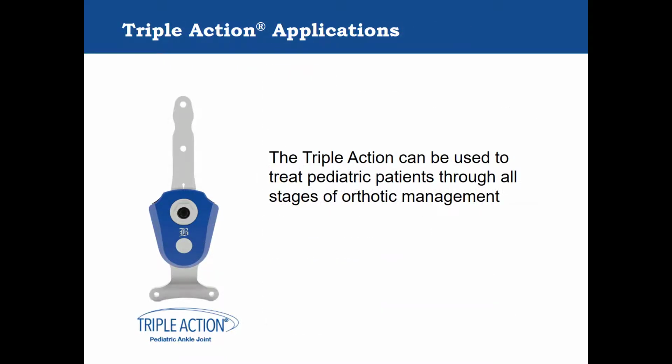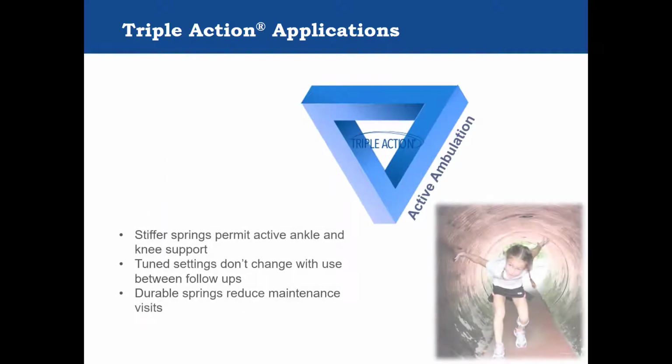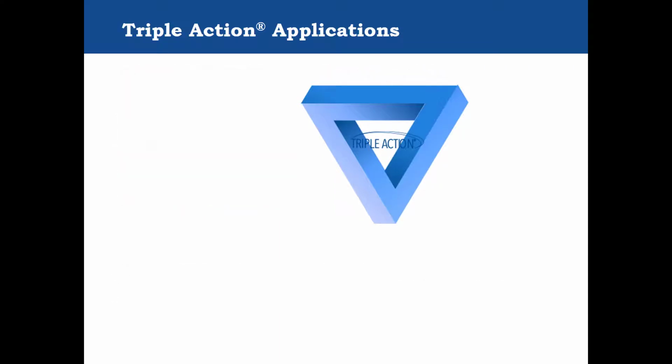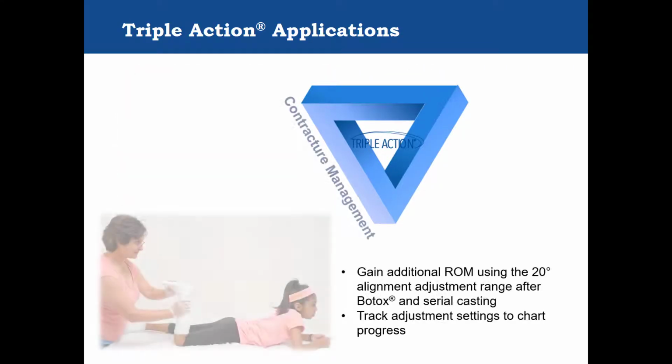The triple action was developed to treat pediatric patients through all stages of orthotic management. To improve the function of active ambulators without locking up the ankle, for rigid immobilization and pain relief after tendon release surgery, followed by incremental mobilization of the ankle during rehabilitation, and as an adjunct to Botox injection.